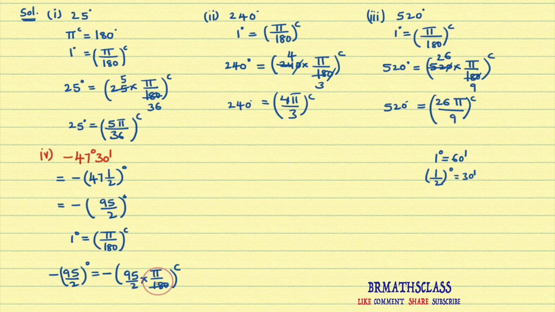You see 5 table: 95 is 19 times, and 180 is 36 times. So finally, in the numerator 19 pi, divided by, in the denominator 36 into 2, which is 72 radians. Therefore, minus 47 degrees 30 minutes equals minus 19 pi by 72 radians.